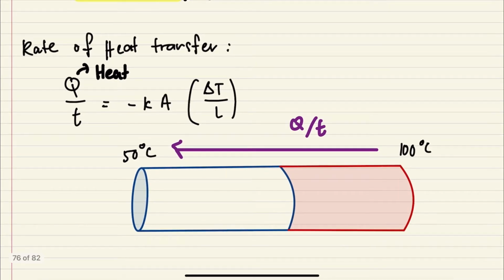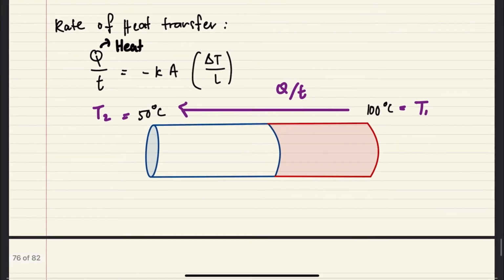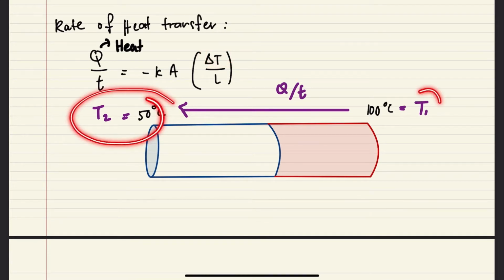Our initial temperature is T1, initial temperature is 100. So this would be my T1 and this would be my T2. So if you want to determine the delta T, it should be T2 minus T1. So you can see that this one is smaller than that one, so you get a negative over here. So this one cancels out, and you get a positive rate of transfer.